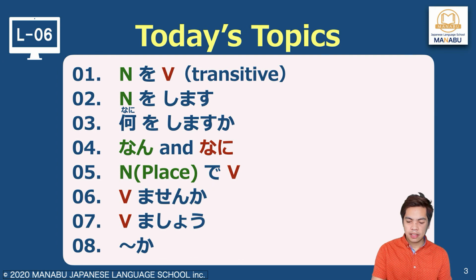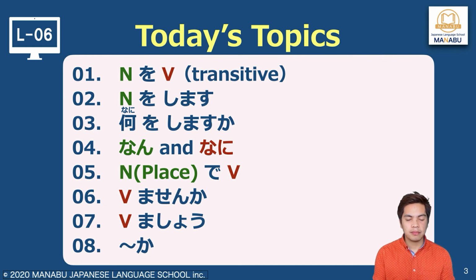Let's take a short recap of today's lesson. We learned the noun o verb. The verb is the transitive verb. The o is the particle that indicates the object of our transitive verbs. And also the noun o shimasu, nouns that denote an action. And nani o shimasu ka, the interrogative nani. We learned the difference between nan and nani.